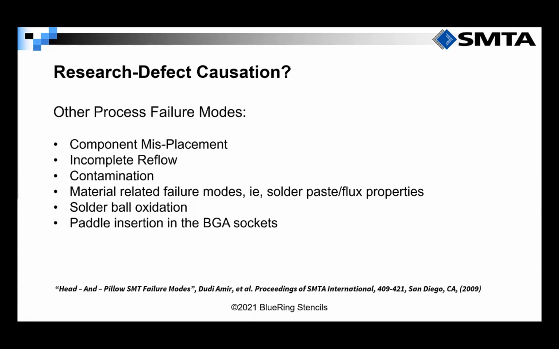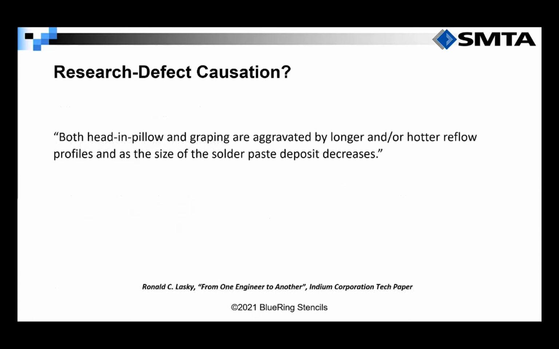All these areas should be addressed when working on a root cause evaluation of this head and pillow defect. Something else to remember is that these longer and hotter reflow profiles associated with lead-free solders also make this challenge more prevalent. And in some cases, lower temperature solder alloys can be used to address this issue.